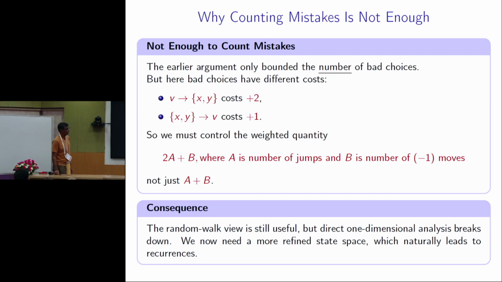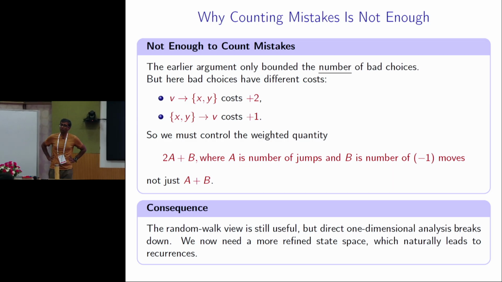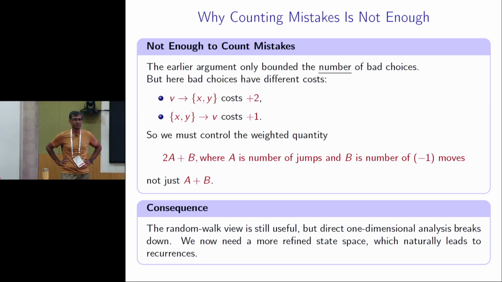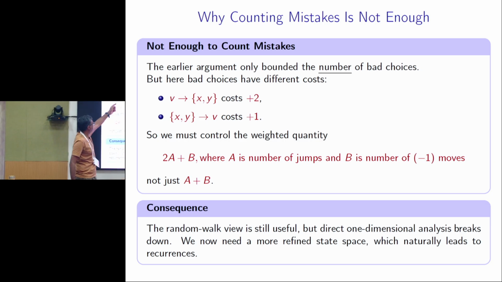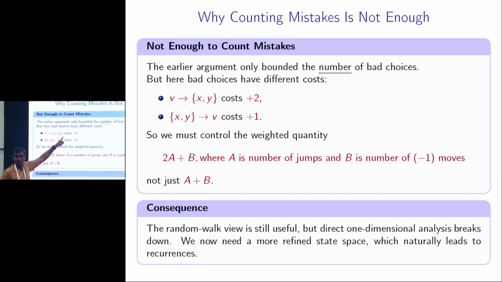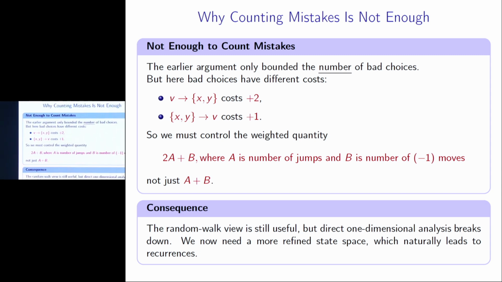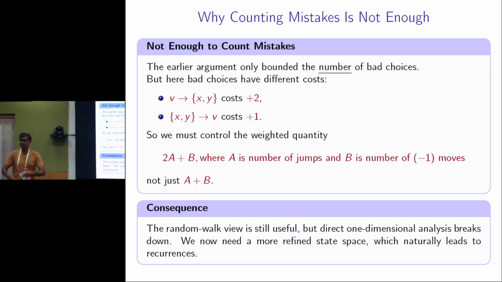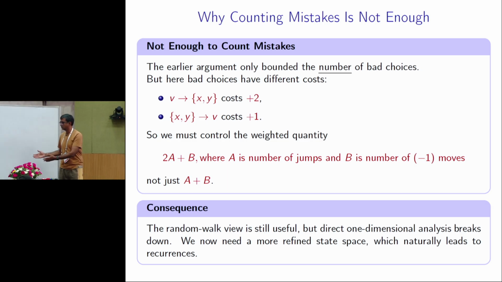Now, I cannot just count the number of times I make a mistake, because different mistakes cost differently. If I was planning to pick V and I picked XY, my cost was 2. If I was planning to pick XY and I picked V, my cost is 1.